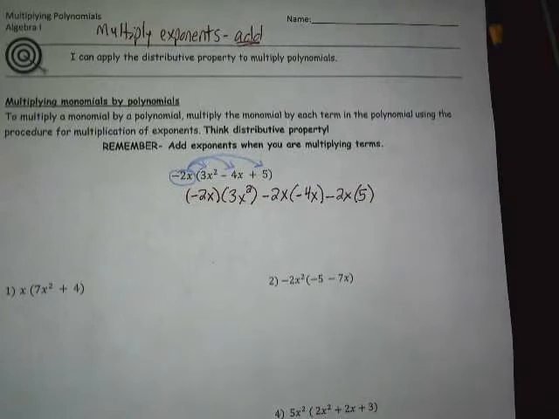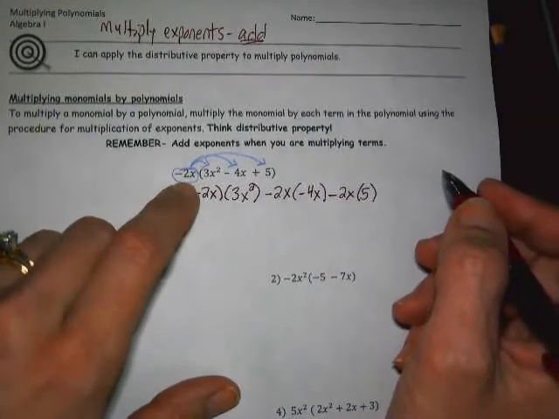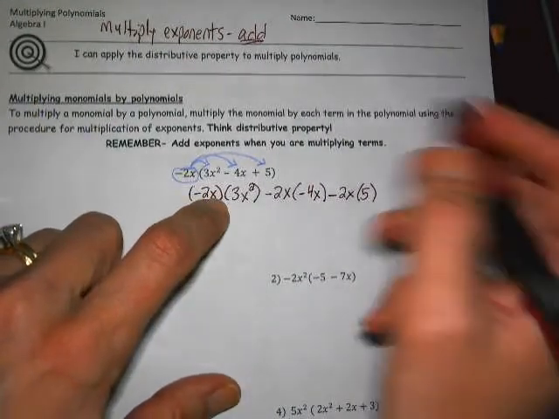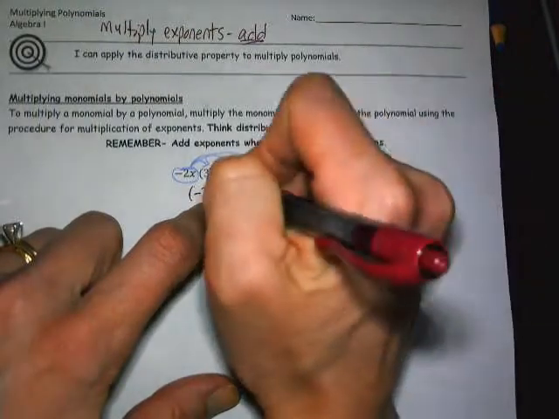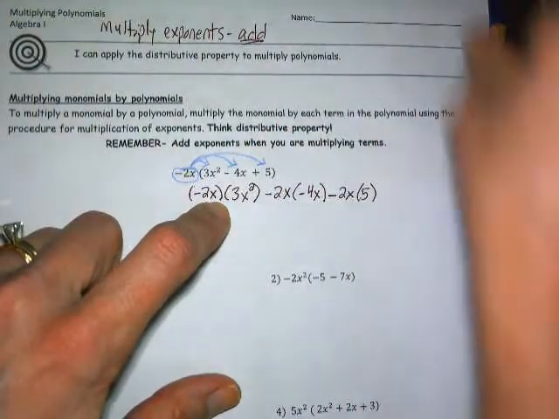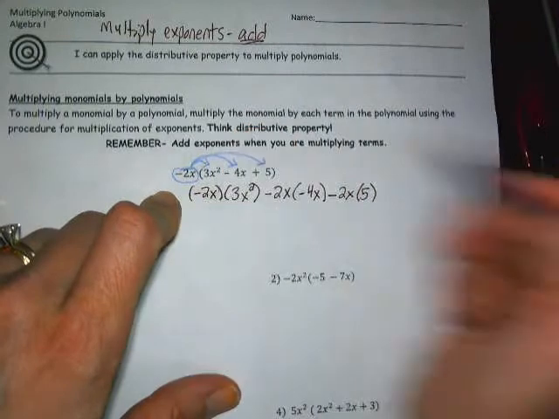Then I need to multiply with the same rules we followed last unit. Please remember that if there's no exponent on your variable, it's a 1. I'm afraid that if I write that in, it's going to look really terrible.